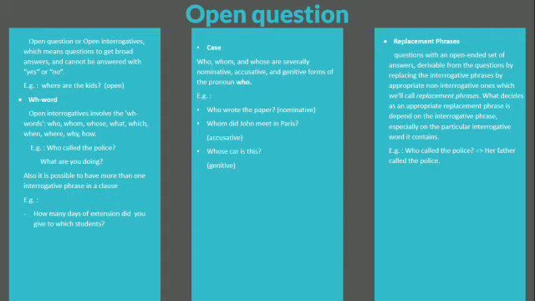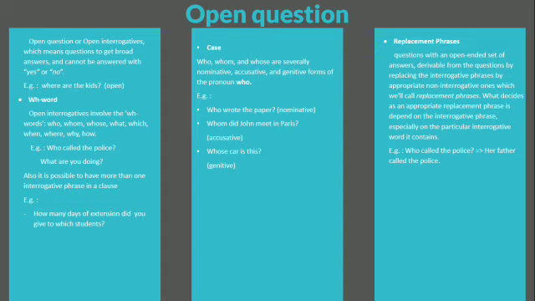Okay, and then we have replacement phrases. These are questions with an open-ended set of answers derivable from the questions by replacing the interrogative phrases with appropriate non-interrogative ones, which we'll call replacement phrases. We can take a look at the example. Who called the police? Her father called the police.